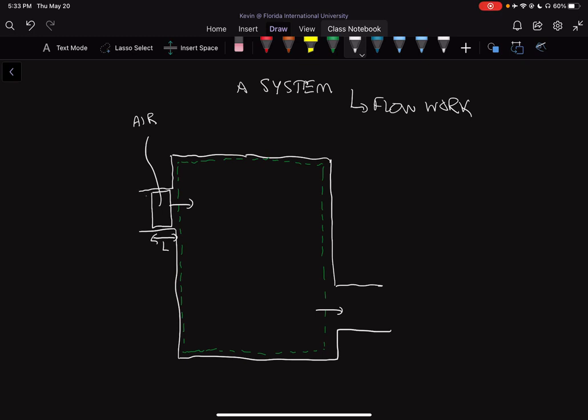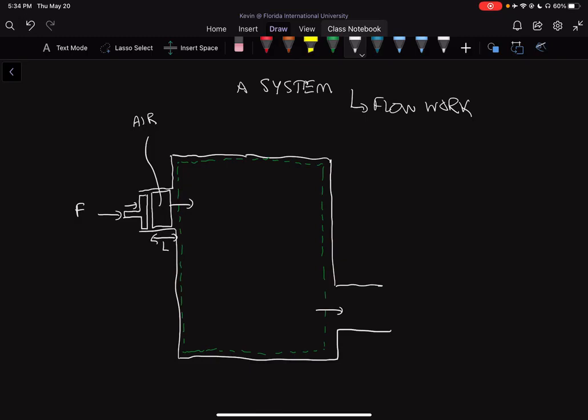So we're going to use a piston to push this air in, and we're going to apply a force on that piston. This is just an illustration of how we could get some air into our system, hypothetically.